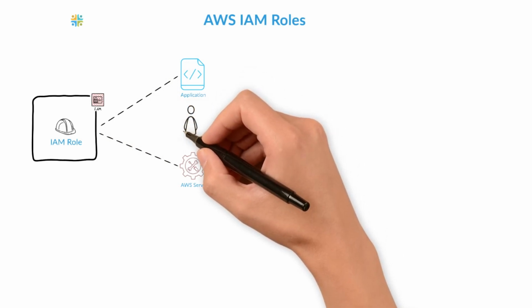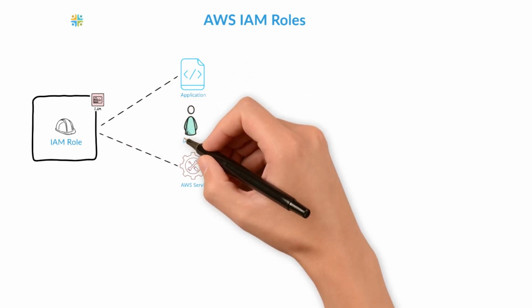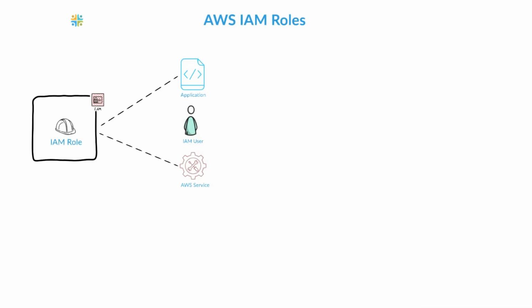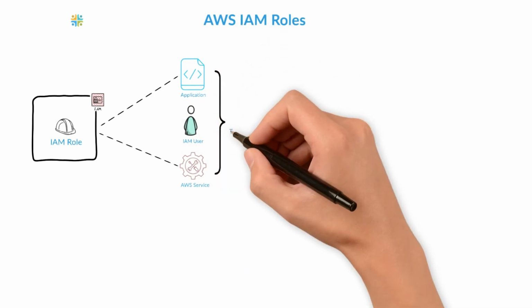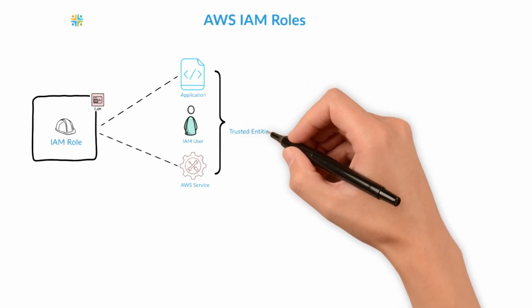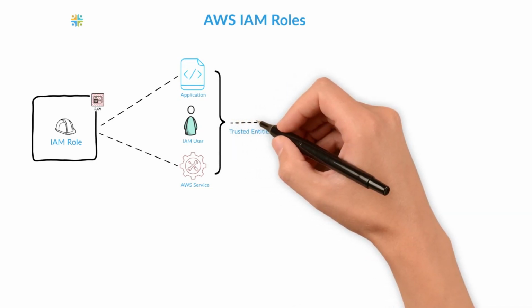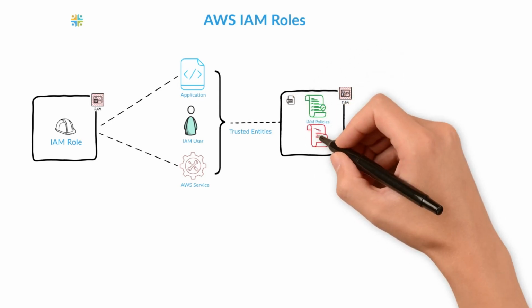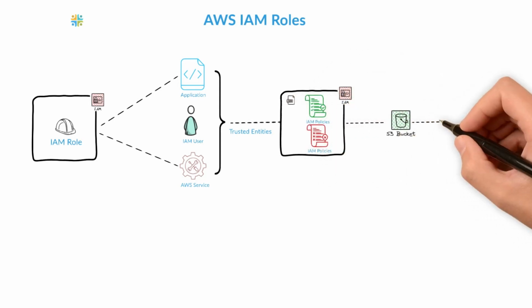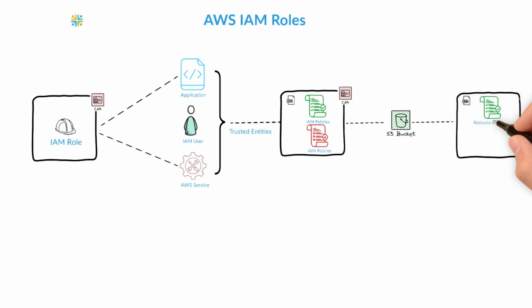You can also provide IAM role access to external users as well. The way this works is that you create a trusted entity in an AWS IAM role. Then you can use IAM policies and resource-based policies to provide permissions for your resources.